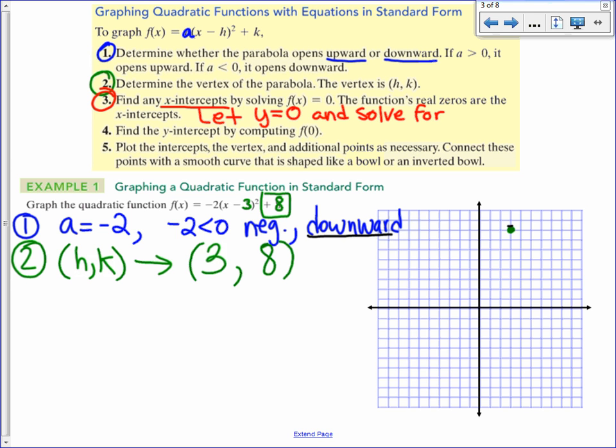And that is true for any type of function that has x-intercepts. You let the other variable equal 0. Same as finding the zeros, right? Yes, finding the zeros. X-intercepts are pretty much the same, but x-intercepts will be actually on the x-axis, and zeros could be real or imaginary.